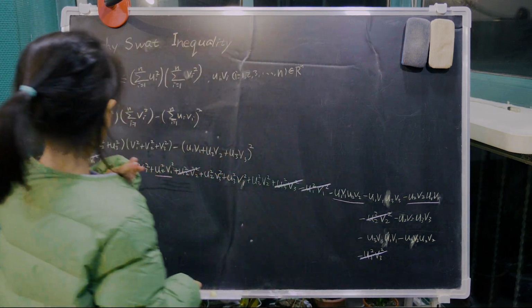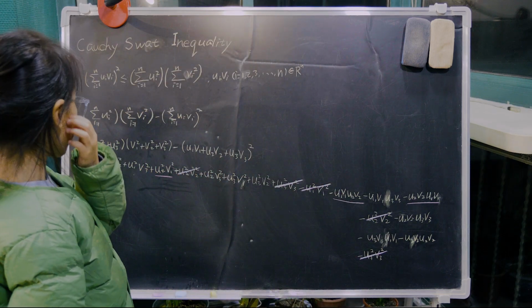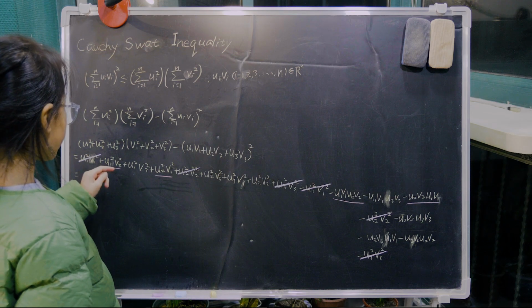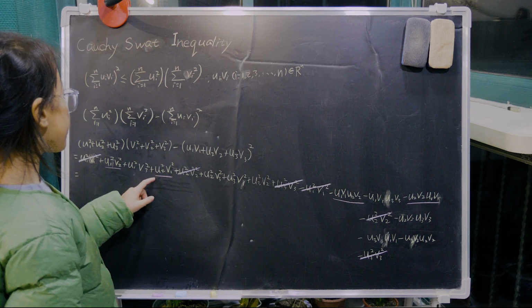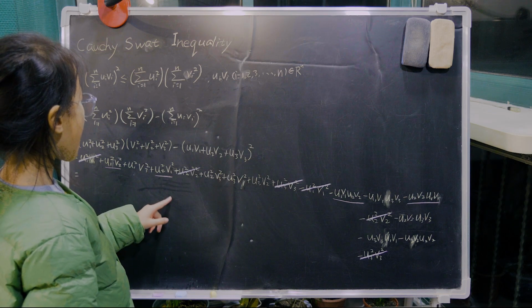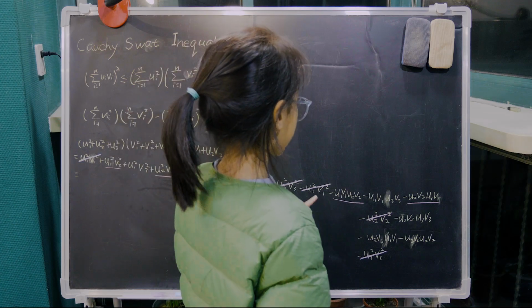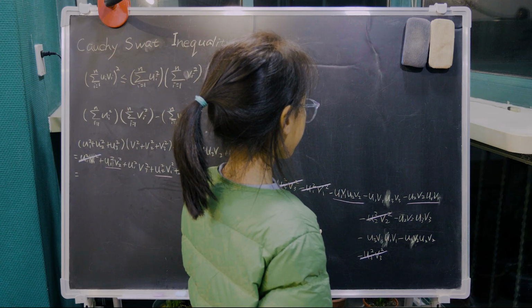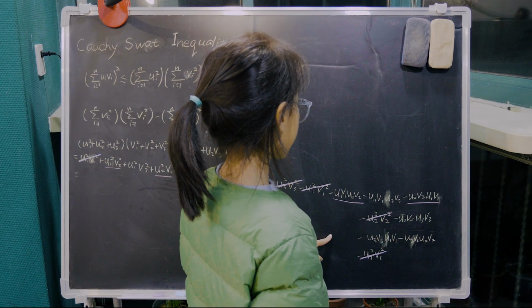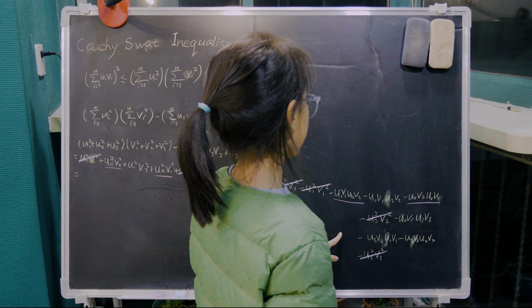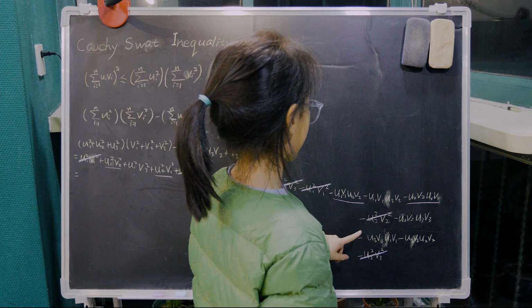Because these two guys actually can say this is u1 v2 times u1 v2, and here's u2 v1 times u2 v1, and right here is 2 times u1 v2 times u2 v1.